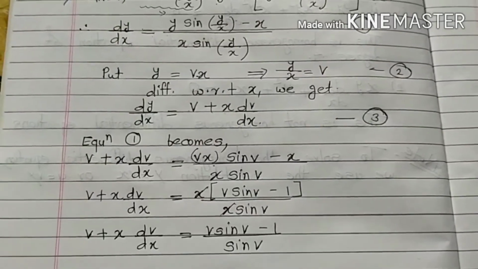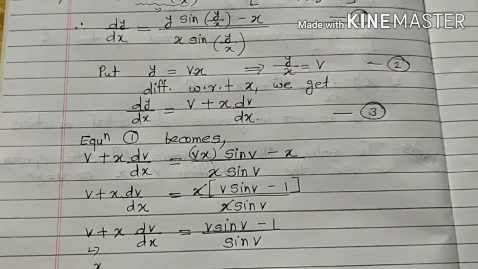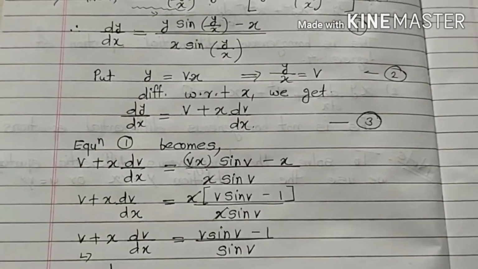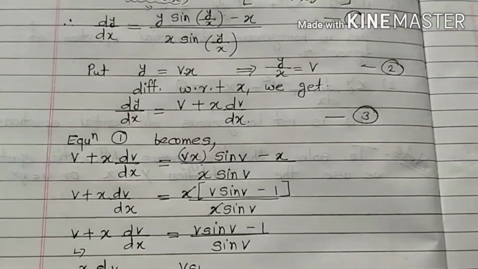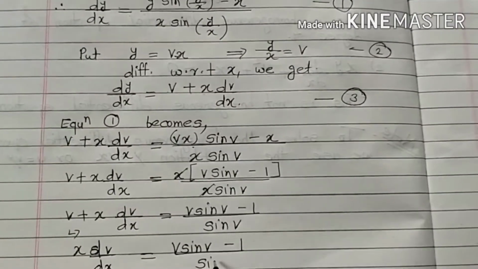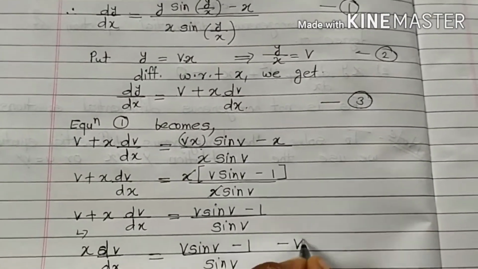Now this v, take to the RHS side, so it is x dv upon dx, which is equal to v sin v minus 1 upon sin v minus v.